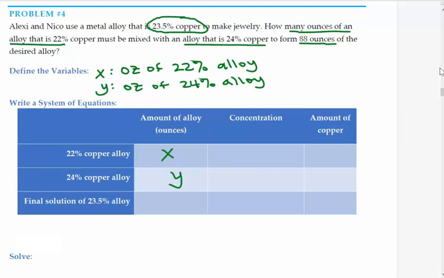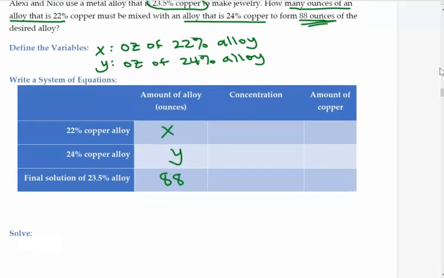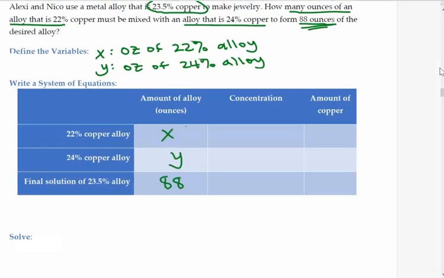Right here it says 88 ounces, so that's going to go there. And remember, this first column is going to make my first equation, so X plus Y equals 88.